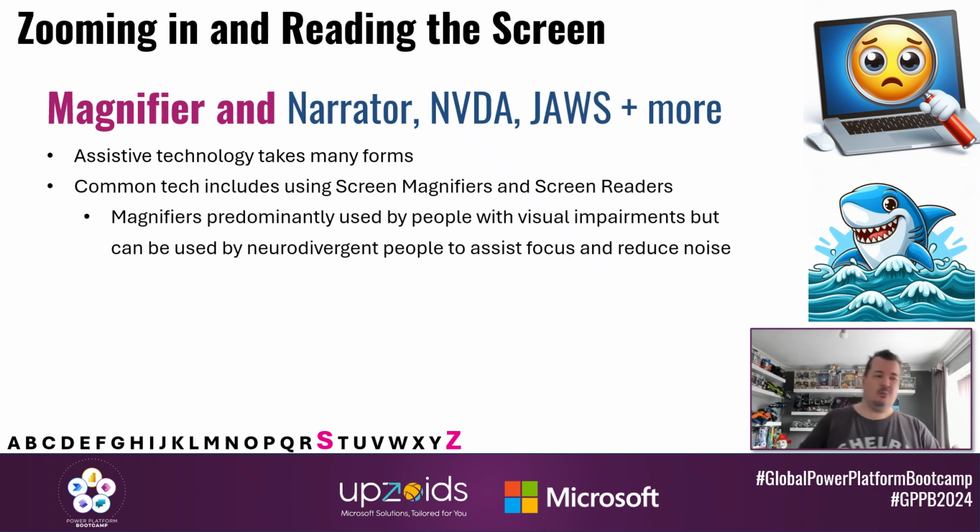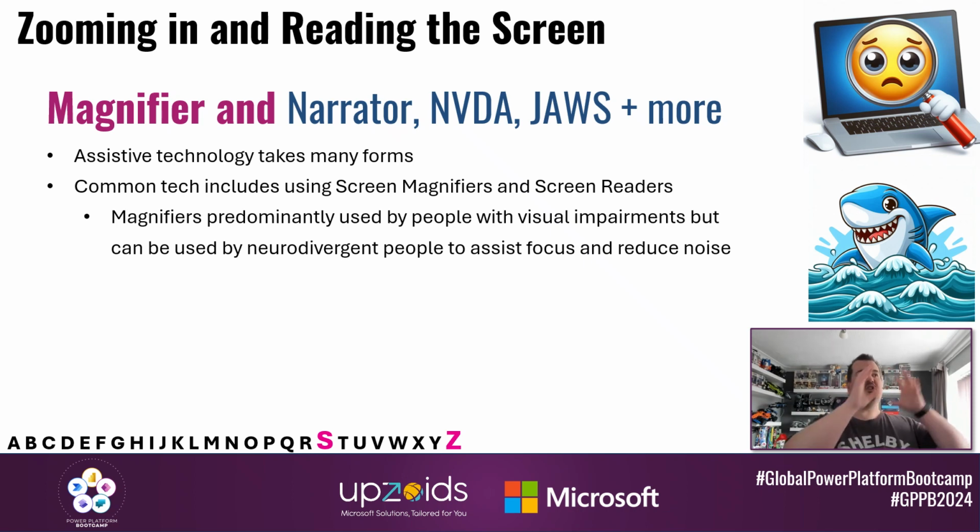which the common ones of those include things like your magnifiers on screen, your zooms, and a really common one is your screen readers. The magnifier is predominantly used by people who have visual impairments. Not always though.